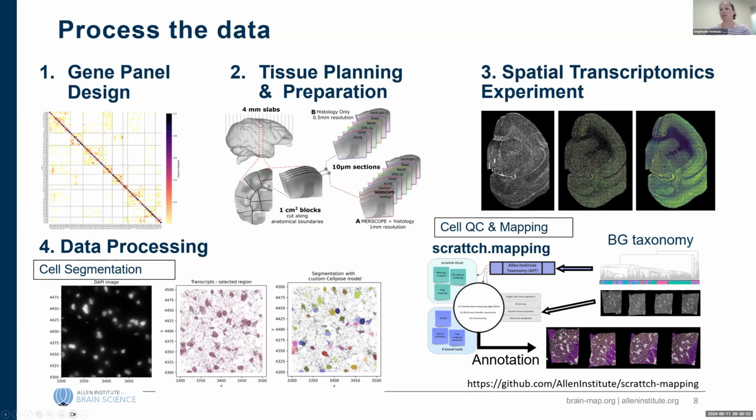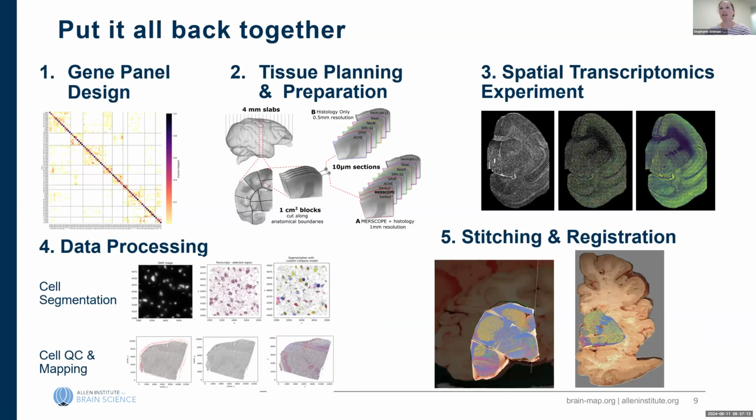This is also a very circular and iterative process, where we can use newly gained information about the cell types in the spatial data to update and inform the taxonomies to provide richer characterizations of the cell type identity. Since we've now cut this brain up into small pieces, we need to stitch it and put it back together.